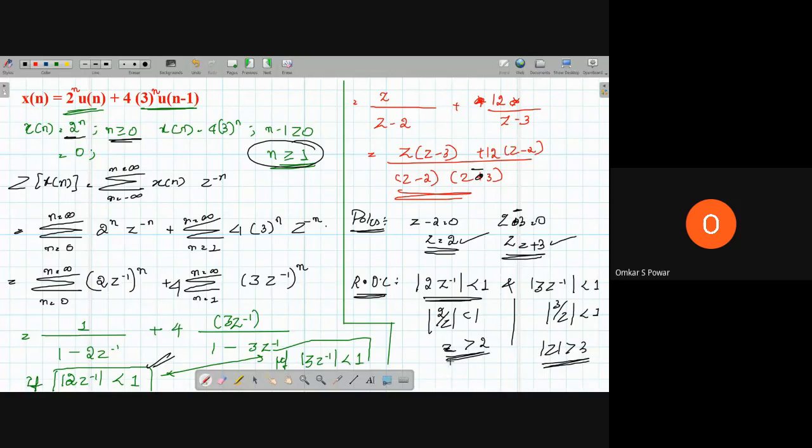So if you go to the property here, when your sequence is right hand sided, your ROC lies outside the outermost pole. So what is the outermost pole here? 2 or 3? It is 3. So let me plot the ROC for you. So you have poles at z is equal to 2 and z is equal to 3. So let me take the next page for that.